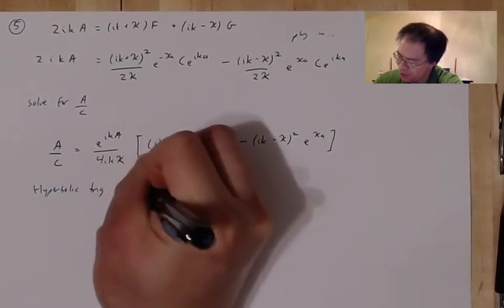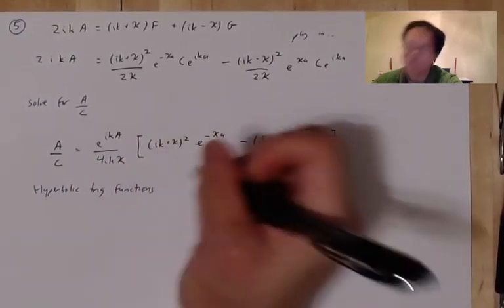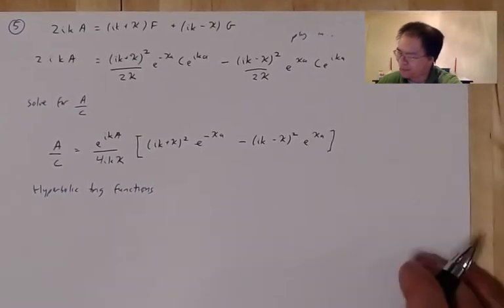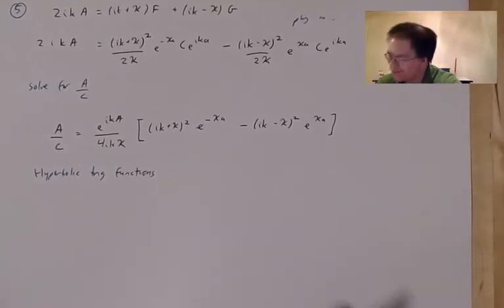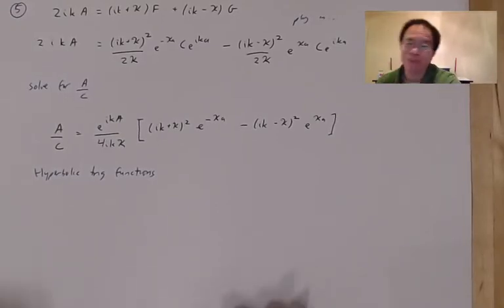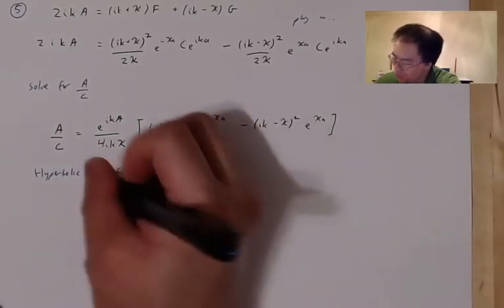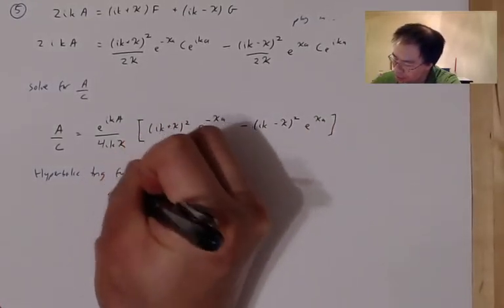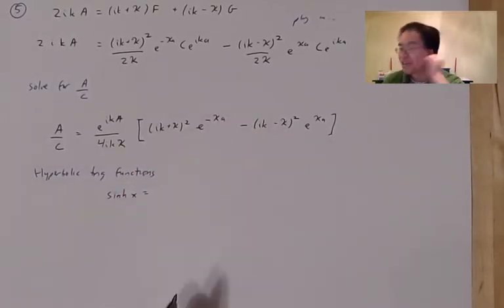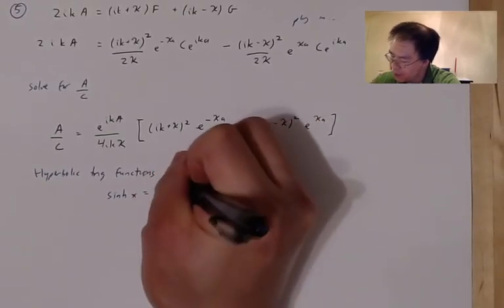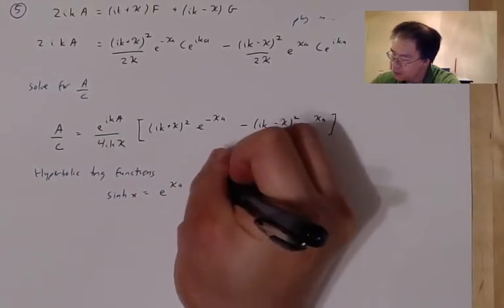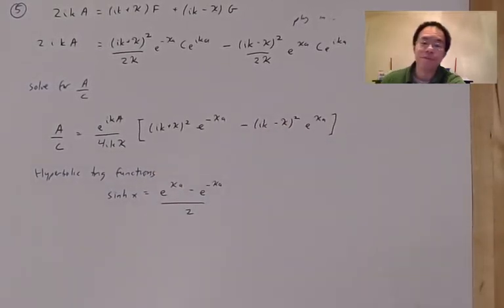So this, in my opinion, is highly non-obvious. So don't feel like if it's a hyperbolic sine or cosine and it doesn't make sense, that something's wrong with you, because there isn't. The way we define hyperbolic sine of x, sinh x, is as e to the kappa a minus e to the minus kappa a, over 2.